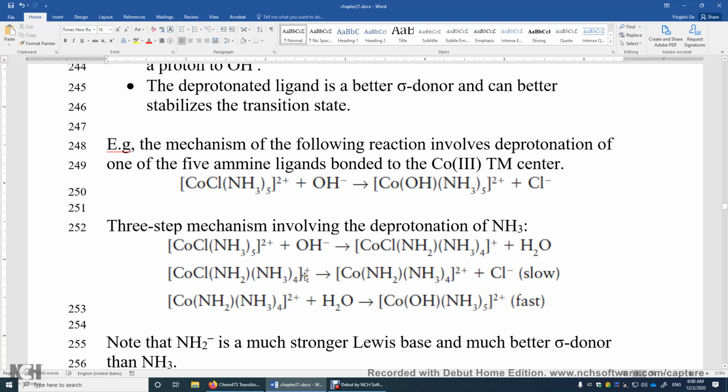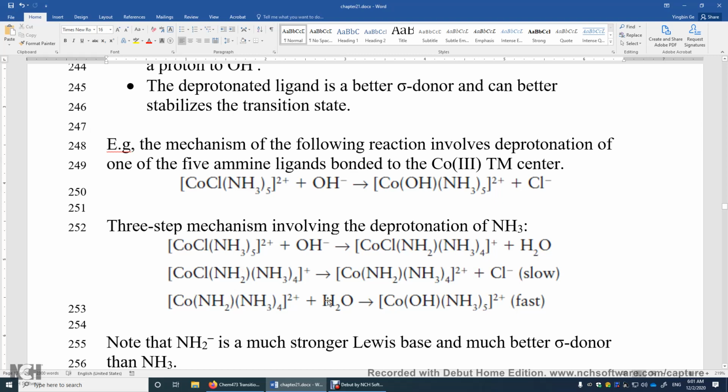But yet, this step is accelerated because of the stabilization due to this NH2- ligand being a really good sigma donor ligand. Alright, so this is the rate limiting step in the 3-step mechanism. And this step is accelerated due to the fact that NH2- is a better sigma donor ligand.